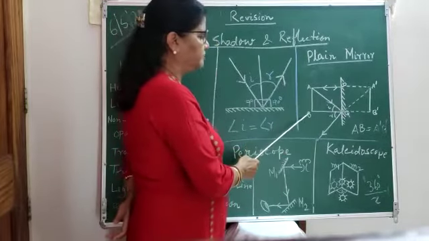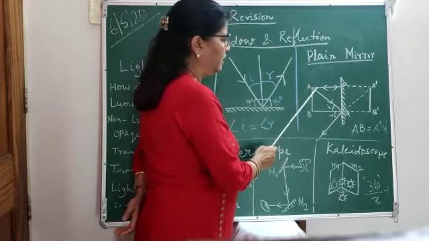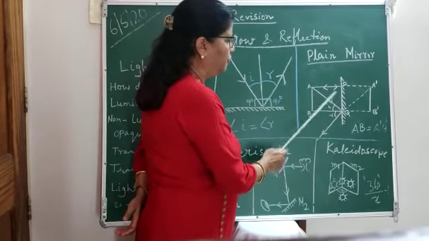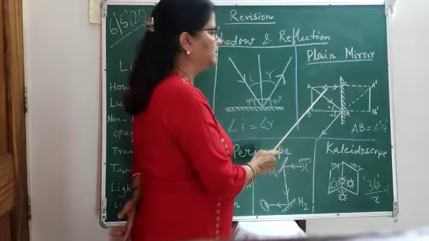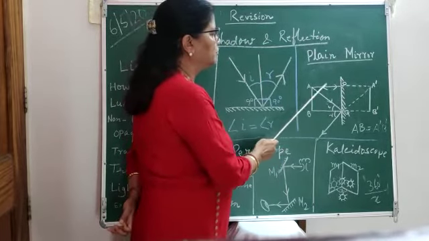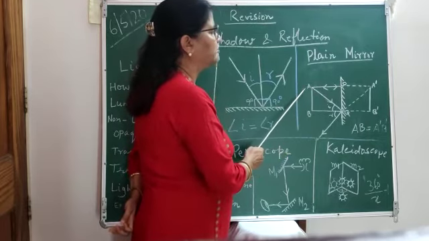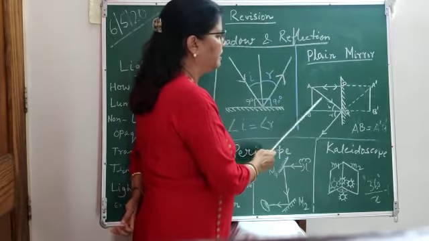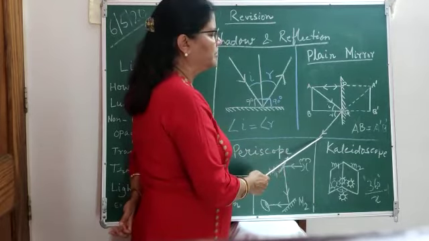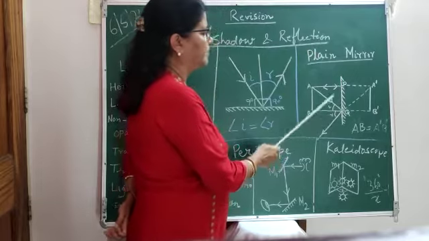Suppose AB is the object, two light rays are falling on the mirror, AP and AQ. We take at least two rays to show the image formation. So these two rays fall on the mirror. This ray gets back in the same direction and this ray gets reflected in this direction. These two rays cannot meet at any time.